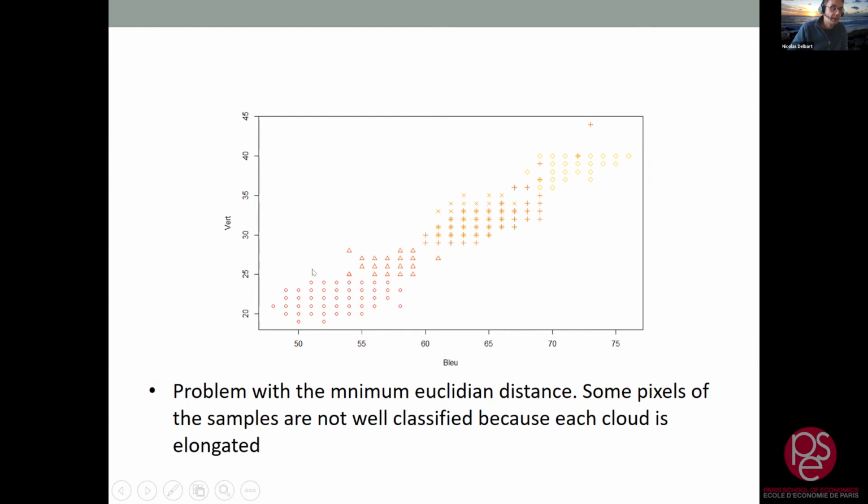What we see is that for one of the classes, for example, the forest or the water maybe here, when we look at the shape of each cloud corresponding to each class, we have something which is elongated here.